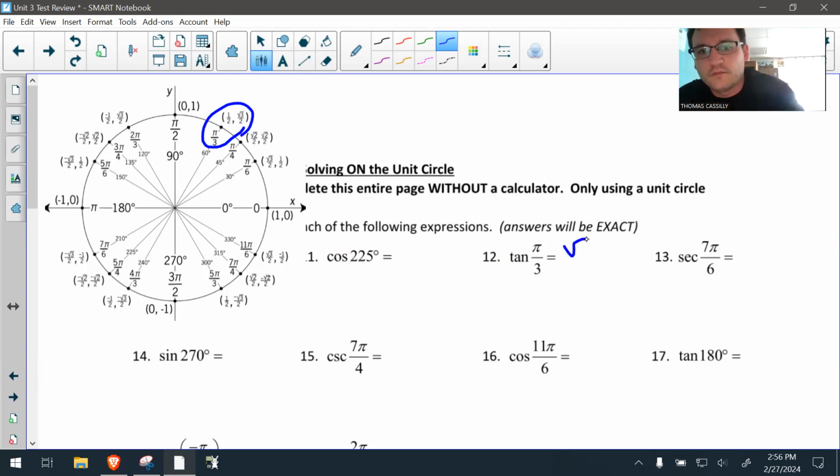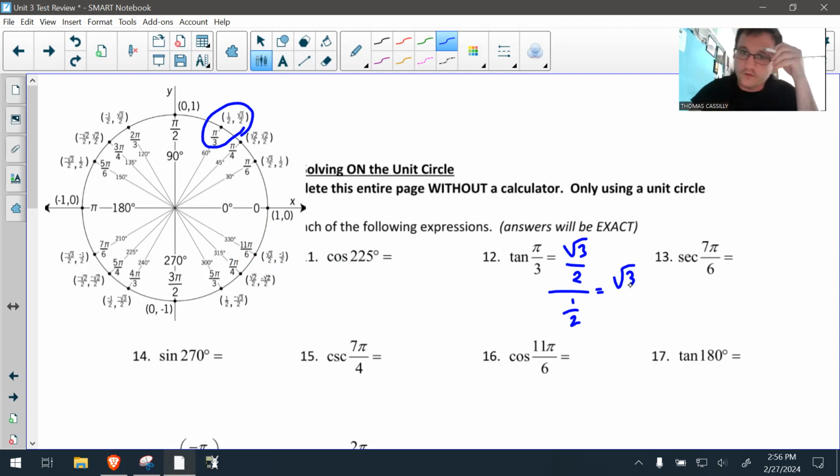You have the square root of 3 over 2 divided by 1/2. That gives us square root of 3. If you want to think about that, we don't divide fractions, you multiply by the reciprocal. So you take that 1/2 on the bottom, flip it upside down, and then multiply straight across. The 2's cancel. You're just left with square root of 3 over 1, if you want to call it that.